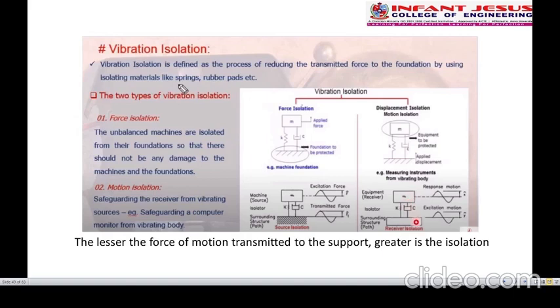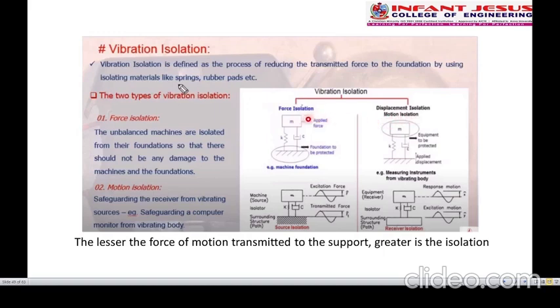We have to determine how much vibration is responded, that is, for the excited motion, how much vibration is in the responded motion. That response is determined by this type of isolation, that is motion isolation.